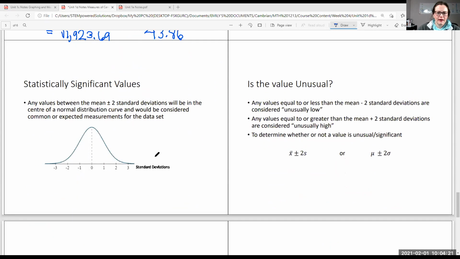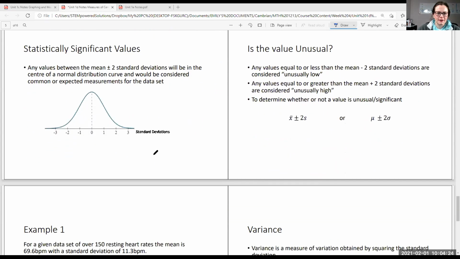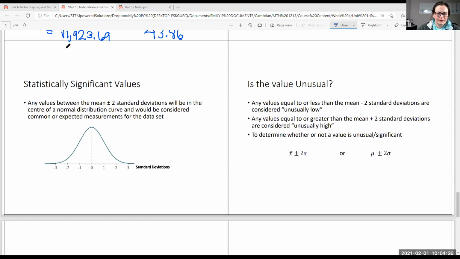Okay, so here we're now shifting gears to something that I think is very important, because it's definitely going to be on your test. So I'd like to highlight it. And it's called statistically significant values. All right. So any values between the mean plus or minus 2 standard deviations will be in the center of a normal distribution curve and would be considered common or expected measurements for the data set.